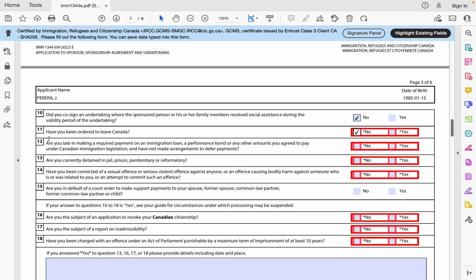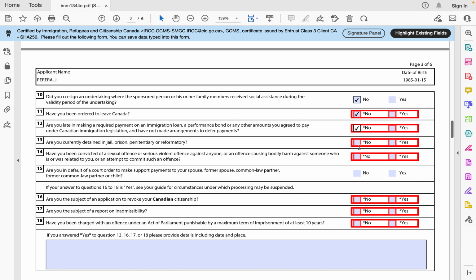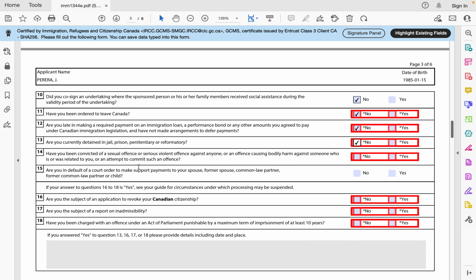No. Are you late in making a required payment on an immigration loan, a performance bond, or any other amount you agreed to pay? If such an instance is not there, just go ahead and put no. Are you currently detained in jail? No. So these are really simple questions. Have you been convicted of a sexual offence or serious violence offence against anyone? No. Are you in default of a court order to make support payments to your spouse? No.